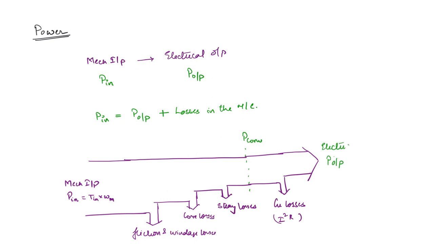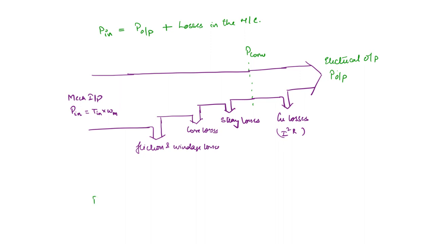Now the converted power we can express in terms of the induced torque, T induced, into the mechanical angular rotation, where T induced is the induced torque. This is not equal to the input torque here, remember. Input torque is different from the induced torque.